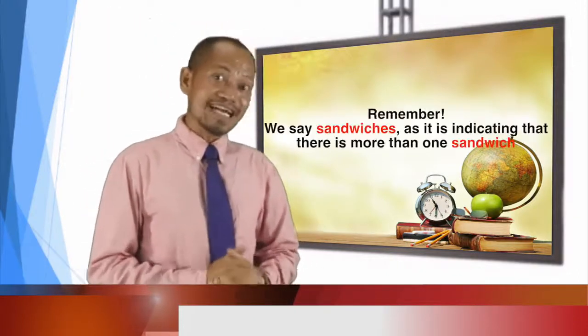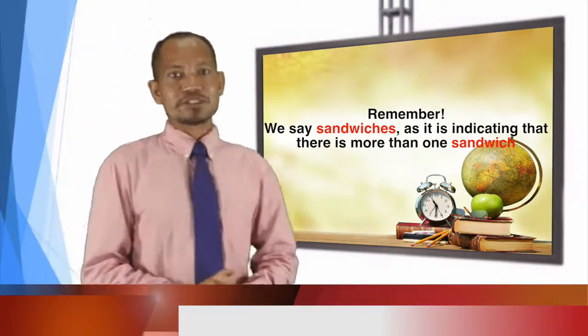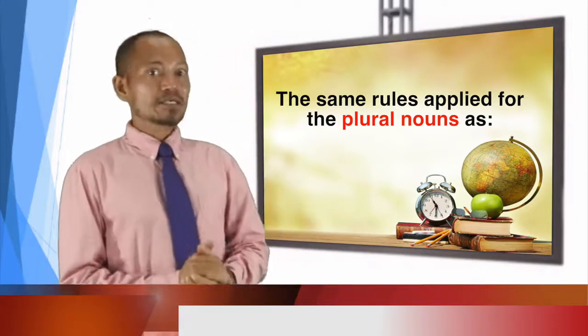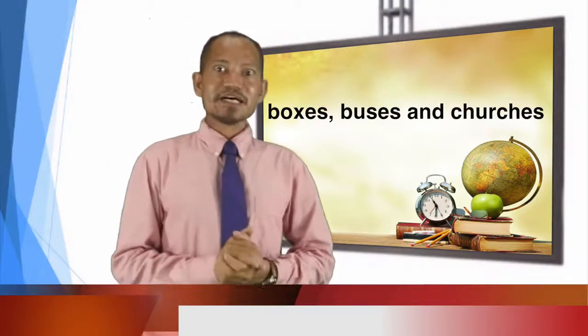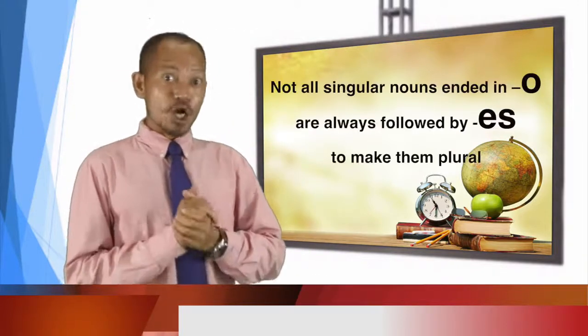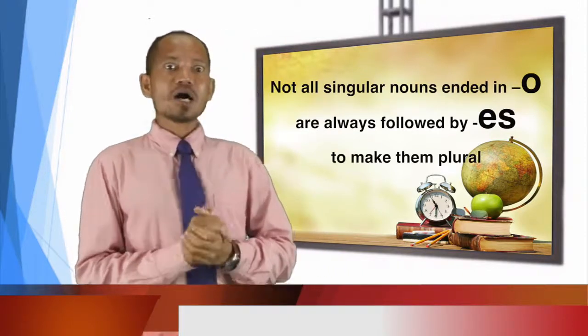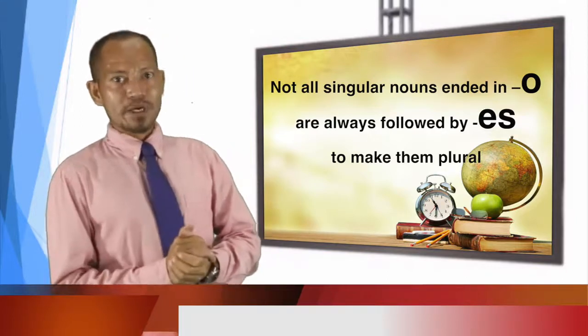Remember, we say sandwiches as it is indicating that there is more than one sandwich. And the same rules apply for the plural nouns boxes, buses, and churches in the rest of the sentences. There are also exceptions because not all singular nouns ending in o are followed by es to make them plural.